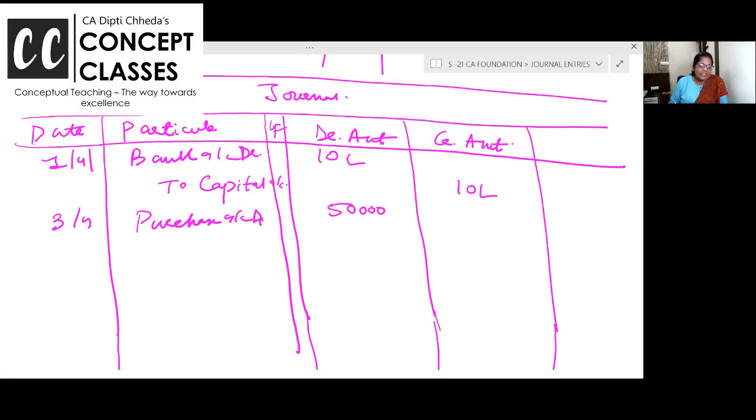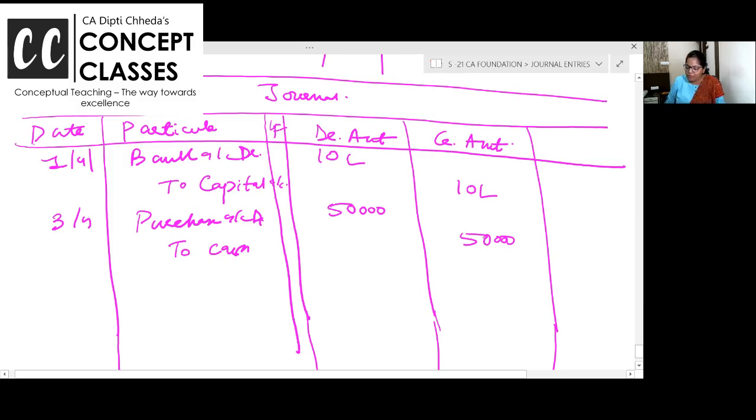And this time the purchase is done in cash or bank, whichever it is. You have purchased the goods for cash, so cash may be there, 50,000.